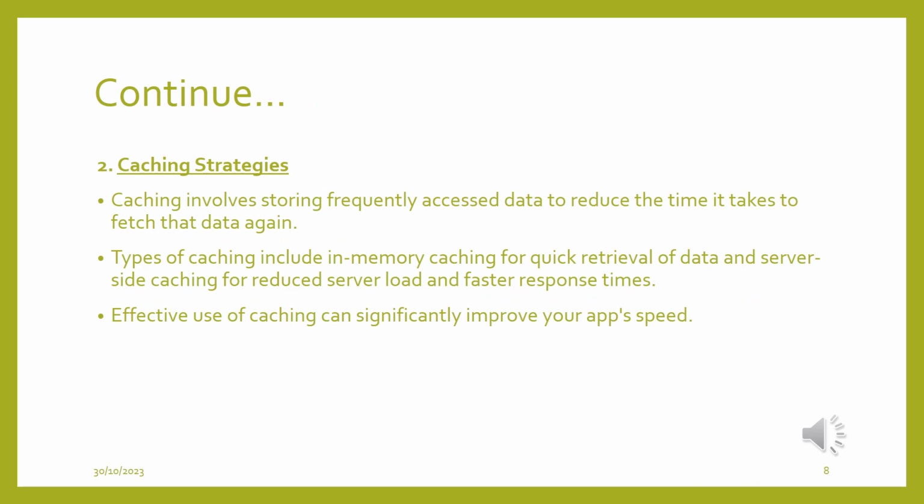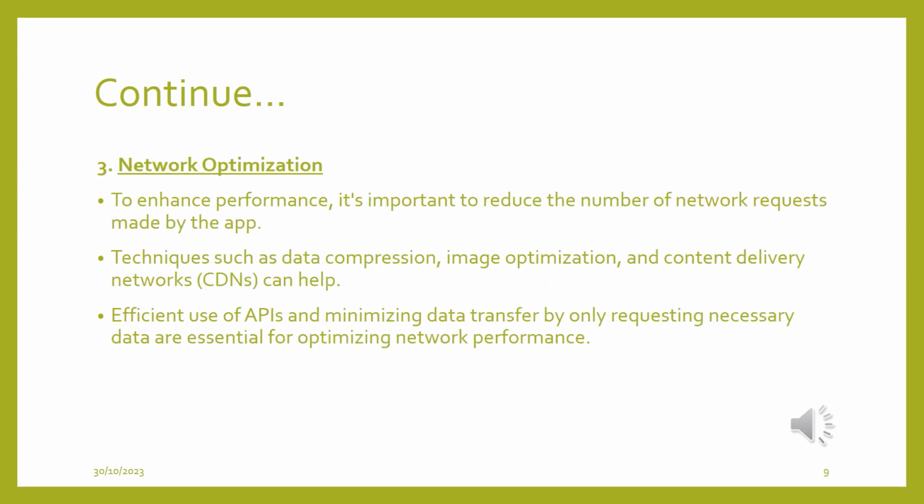And the next one is caching strategies. Caching involves storing frequently accessed data to reduce the time it takes to fetch the data again. The effective use of caching can significantly improve your app's speed. Network optimization. To enhance performance, it is important to reduce the number of network requests made by the app.